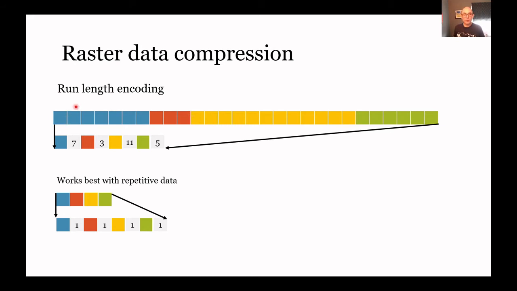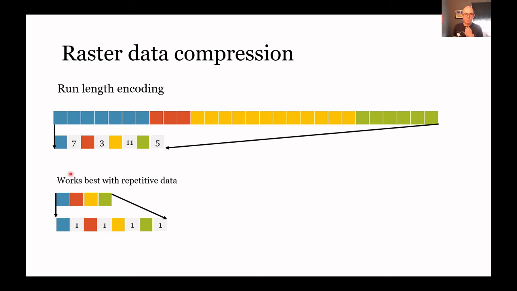Well, instead of having to record blue, blue, blue, blue, blue, blue, blue, red, red, red, yellow, you just say, okay, blue times 7, then red times 3, then yellow times 11, green times 5. You only need to store that information rather than this whole length, which means we can compress the file. It becomes much smaller, but it tells us a little bit about the relative size of these different classes in this. It's kind of interesting, but this is generally speaking used for compression.